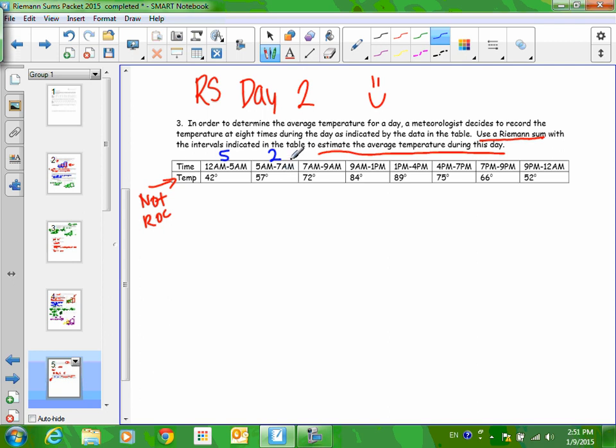The biggest difference, though, lies in what we're trying to find. Before, we were given a rate of change and asked to find a total amount of feet or a total amount of miles. In another problem, it could be a total amount of people or gallons. We were asked to accumulate something. What are we being asked to do in this case? We're trying to find an average.